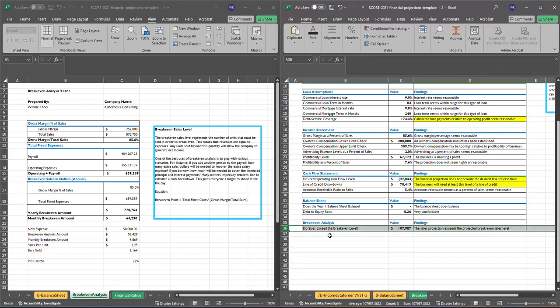If you do not meet your break-even levels, whatever you've calculated, then of course the sales projection is less than the break-even amount.